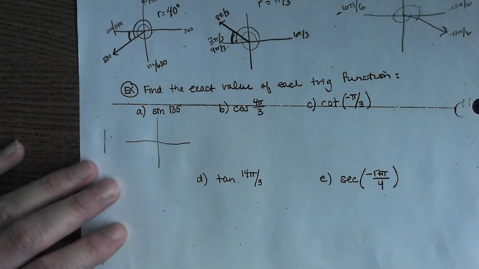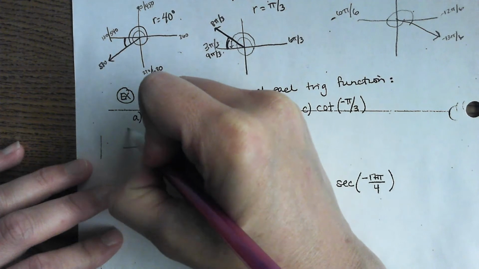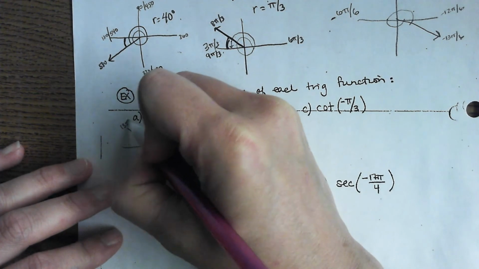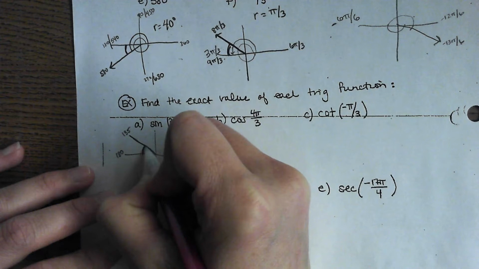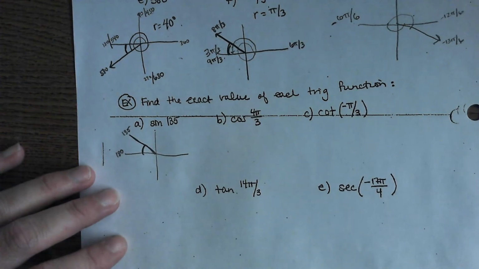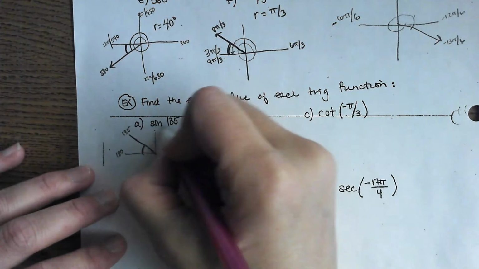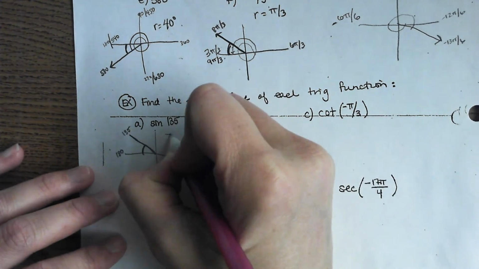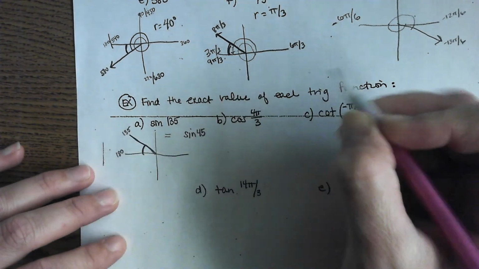So what quadrant, Olivia? 2. What's your reference angle? 45. So the sine of 135 is going to equal the sine of 45, but is it a plus or minus?